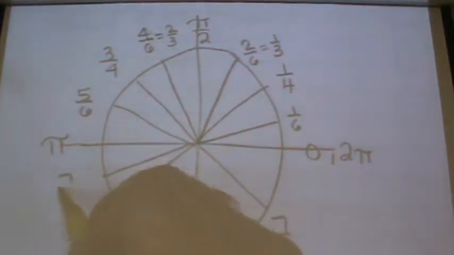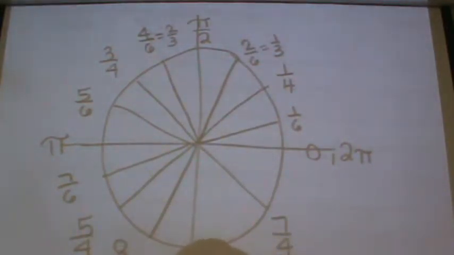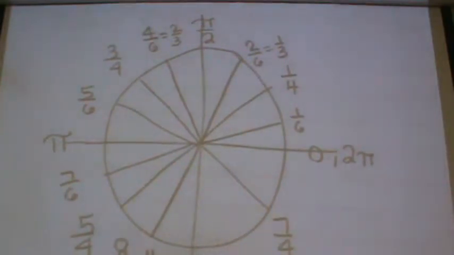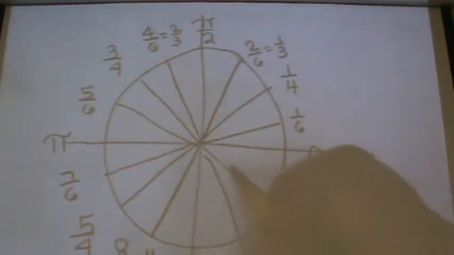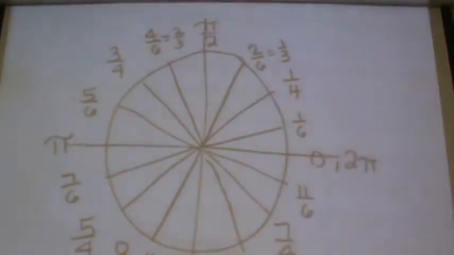What's this? 7/6, 8/6. Can you rewrite 8/6? 9/6, 10/6, 11/6, and 12/6, right?